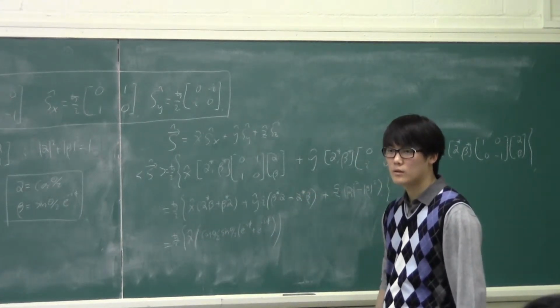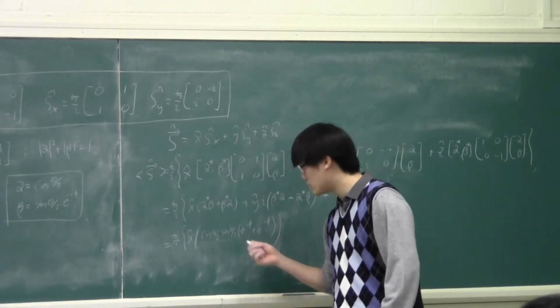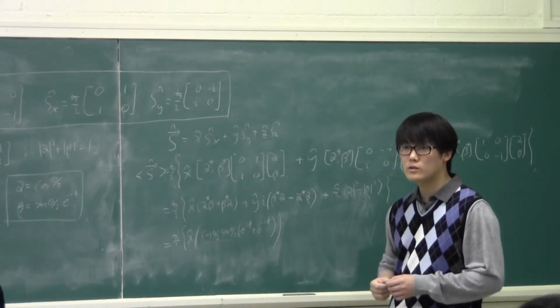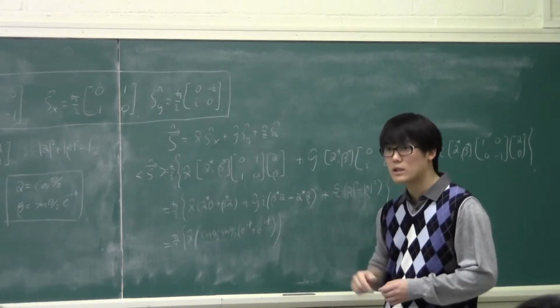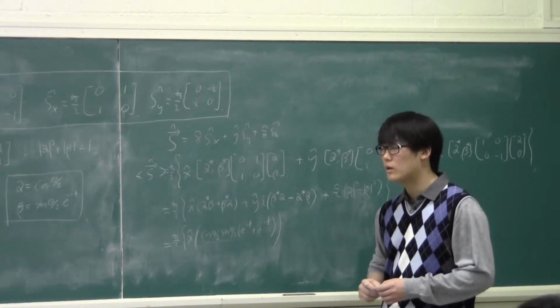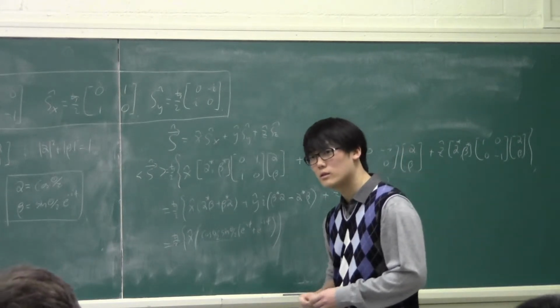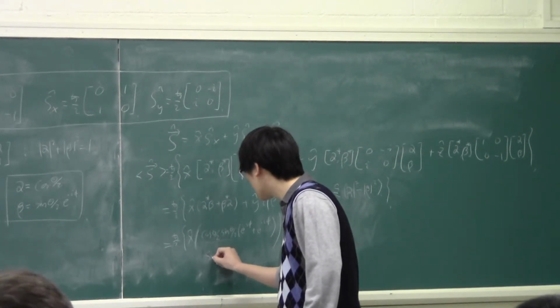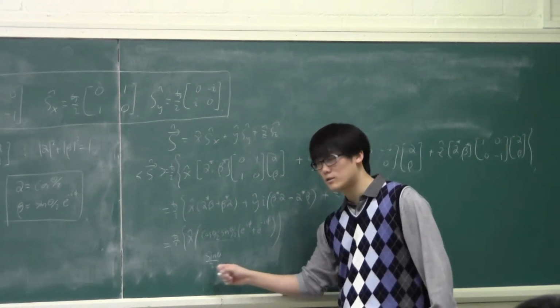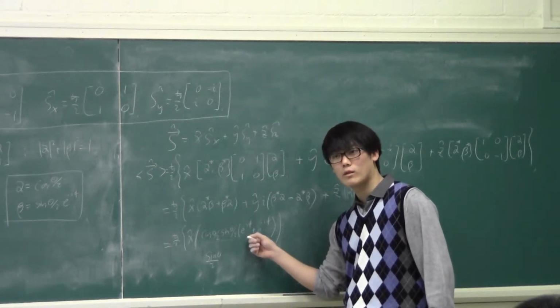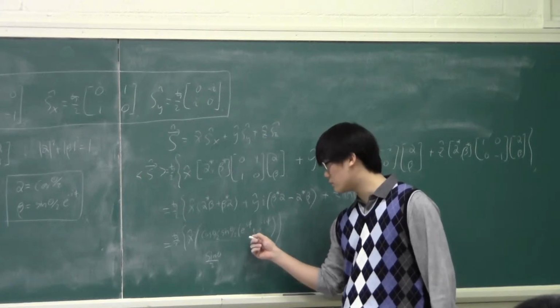Now how do we combine these? Cosine times sine goes to a sine of the double angle, so this is sine theta over 2, and let's give this factor of 2 to here. That gives you a cosine phi.